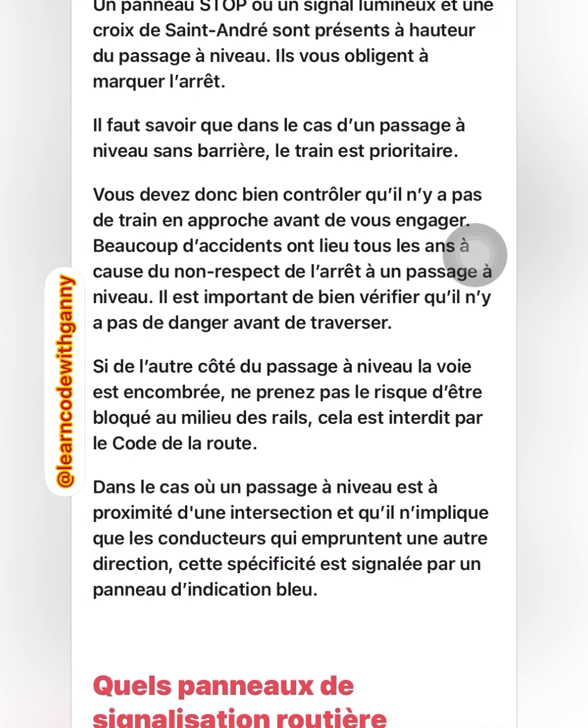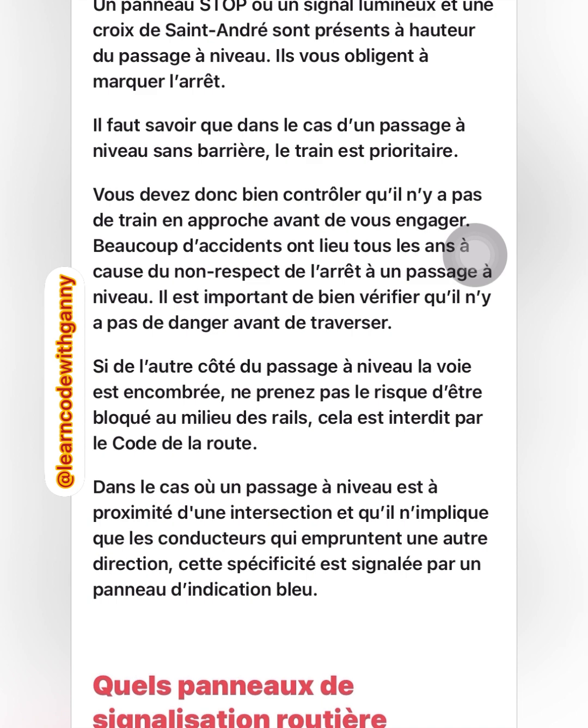Many accidents occur every year because of non-compliance with the stop at the level crossing. It is important to check that there is no danger before crossing. If on the other side of the crossing the road is congested, that is there is a hold-up, do not take the risk of being blocked in the middle of the rail.